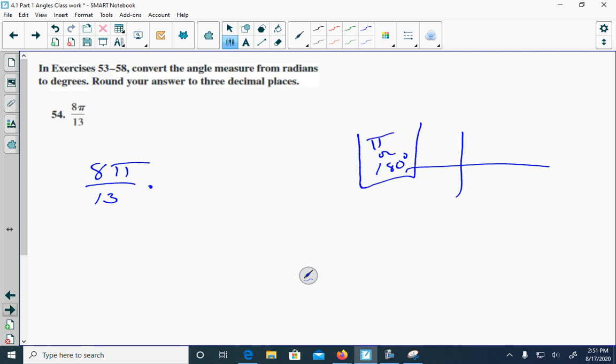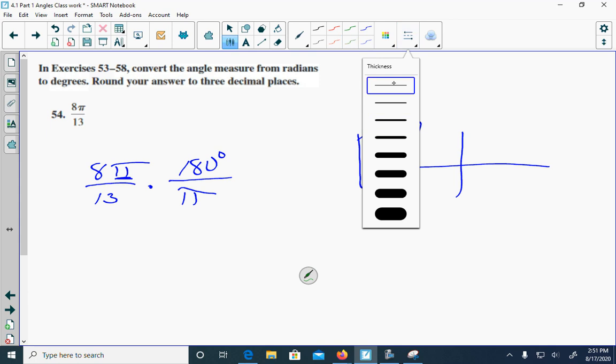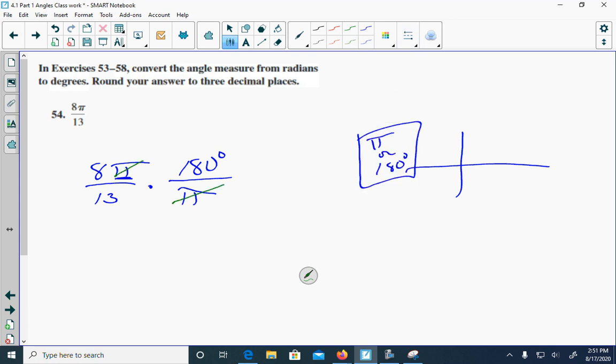So this is my conversion factor because it's 1 pi to 180 degrees. I use units to help me. Since I have pi in the numerator, I'm going to want pi in the denominator. That means the 180 degrees is going to go up here. Using units, which you learned how to do way back when, the pi's will simplify, and I'm going to be left with degrees as my final unit.